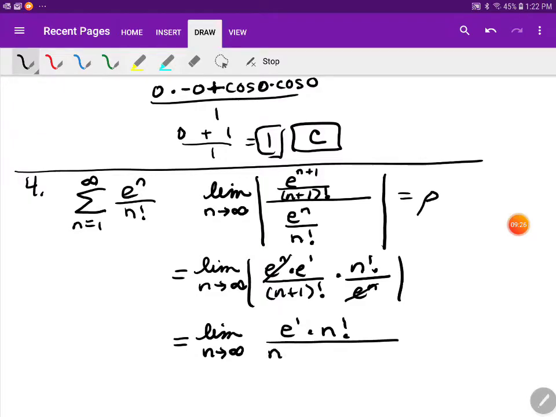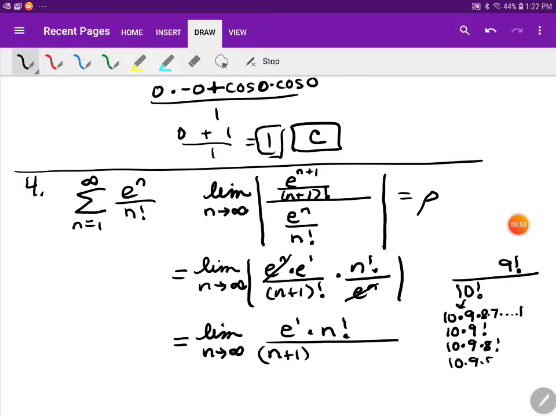You expand the larger one, so n plus 1 is larger than n. It's like, say you have 10 factorial, and up here you have 9 factorial. So if you expand the 10 factorial to be 10 times 9 times 8 times 7 times, you can go all the way to 1. You could write this as 10 times 9 factorial. You could write it 10 times 9 times 8 factorial, 10 times 9 times 8 times 7 times 6 times 5 factorial.